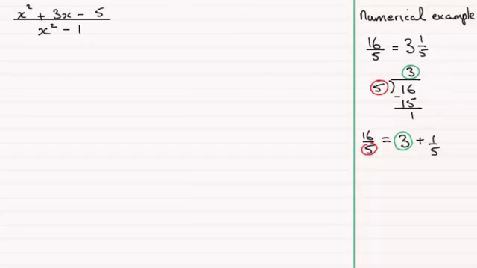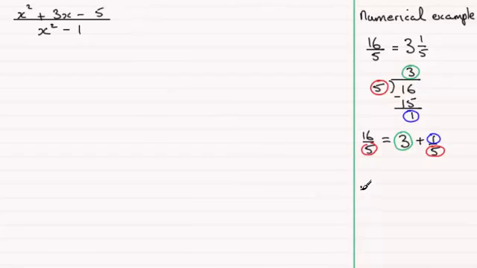And then we get the remainder, 1, which appears here, and this is over the divisor, 5. So what I'm saying is that the first step when we've got to divide, say, x squared plus 3x minus 5 by x squared minus 1 is to do algebraic long division.